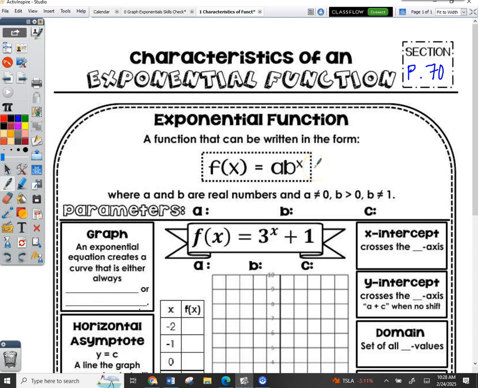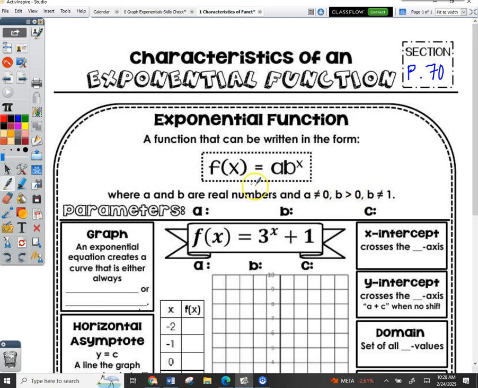Which means, is anything happening? No. So this is why they're saying, hey, B can't be 1, because nothing interesting happens if B is 1. So A can't be 0 or the whole thing disappears. B can't be 1 or you have a boring problem on your hands. Then they say B is greater than 0.